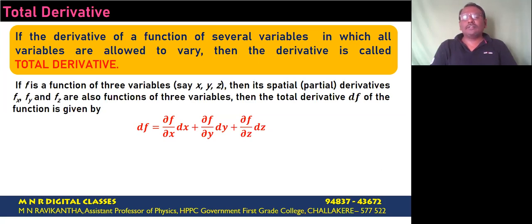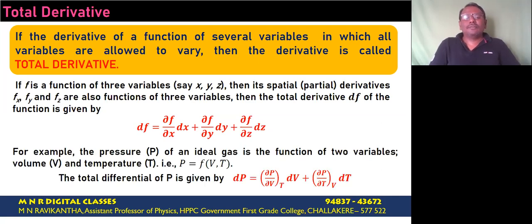Then the total derivative df of the function is given by df is equal to dou f by dou x into dx plus dou f by dou y into dy plus dou f by dou z into dz. This term gives us the total derivative of the given function f, where all three variables are varied simultaneously.